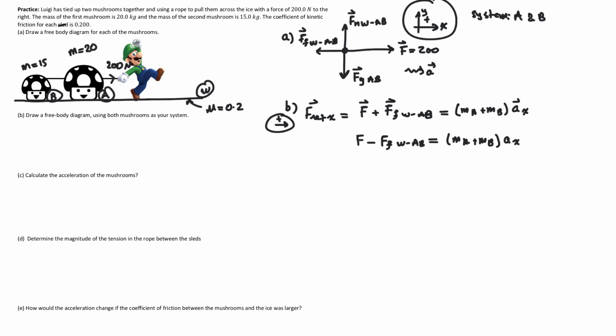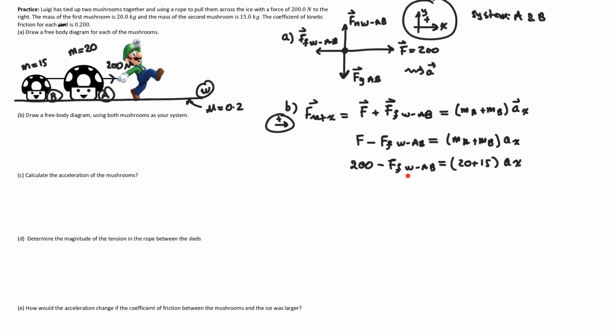We can see the acceleration is to the right and right is positive, so I will turn that into a positive A. Once I have this, my value of force is 200. I don't have the force of friction, and that's going to equal the mass A plus mass B, that's 20 plus 15, times the acceleration.